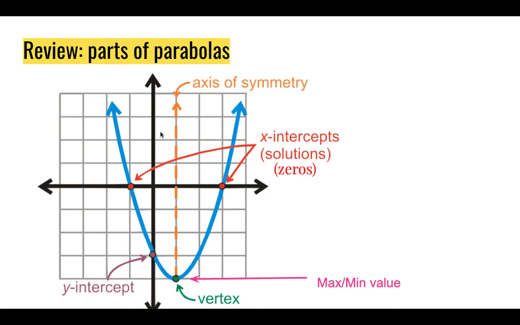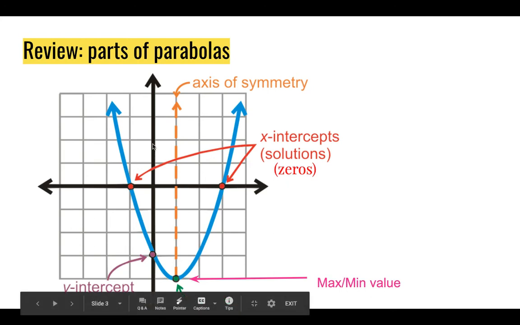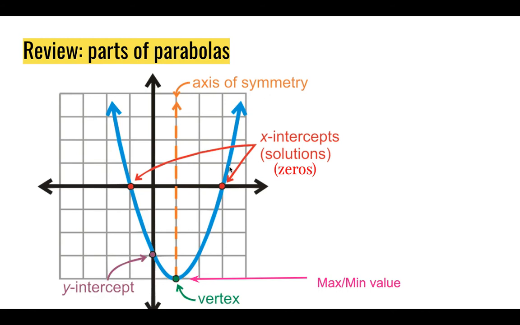Okay, so this is just a review of the key points on parabolas. Where it goes through the x-axis, that is called the x-intercepts. They're also called the solutions. They're also called zeros, okay?